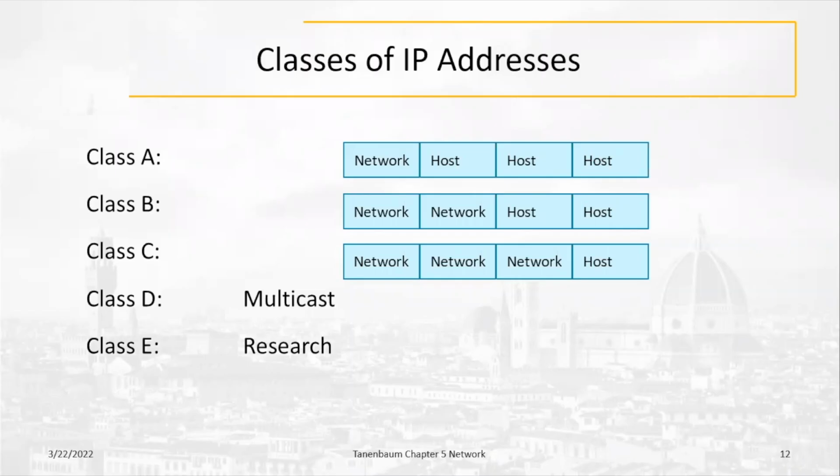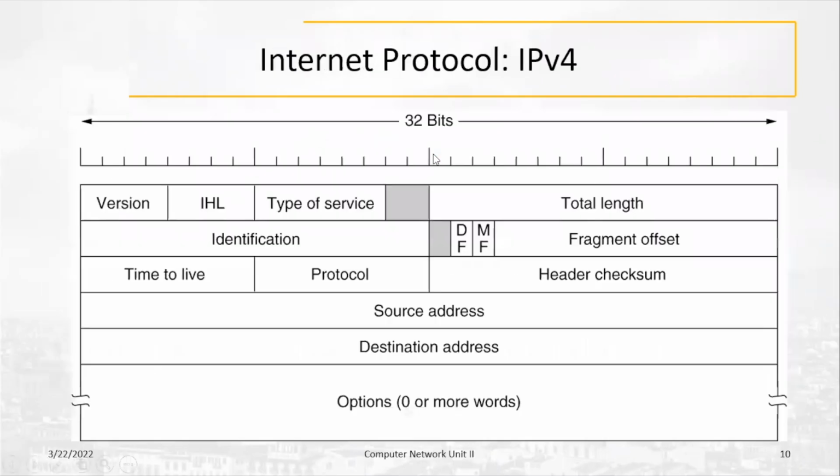A complete IP address is a 32-bit long address. If you consider a binary value, it has 32-bit wide data.